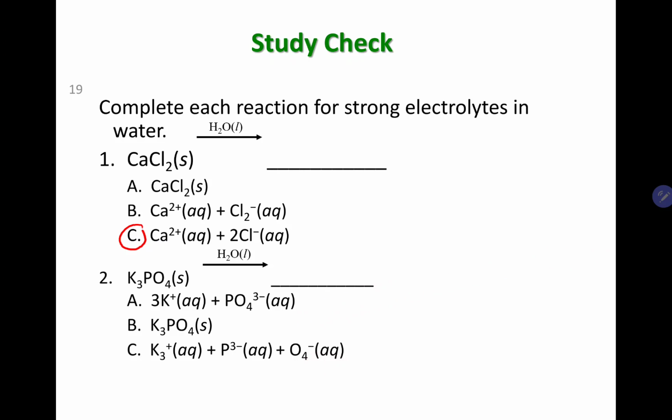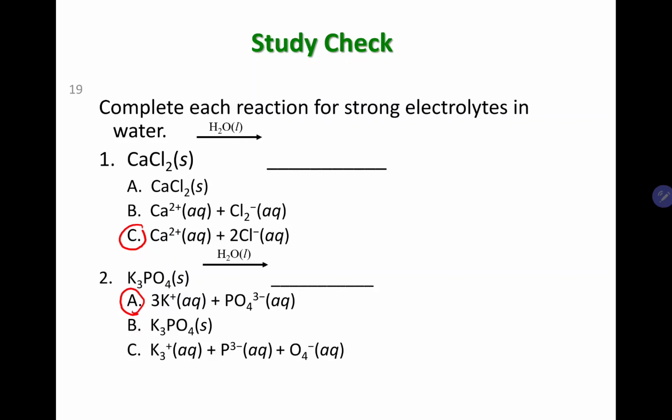And then in the second question, I have potassium phosphate. In water, it will dissociate into potassium and phosphate. So the correct answer is actually A. This is the correct answer.